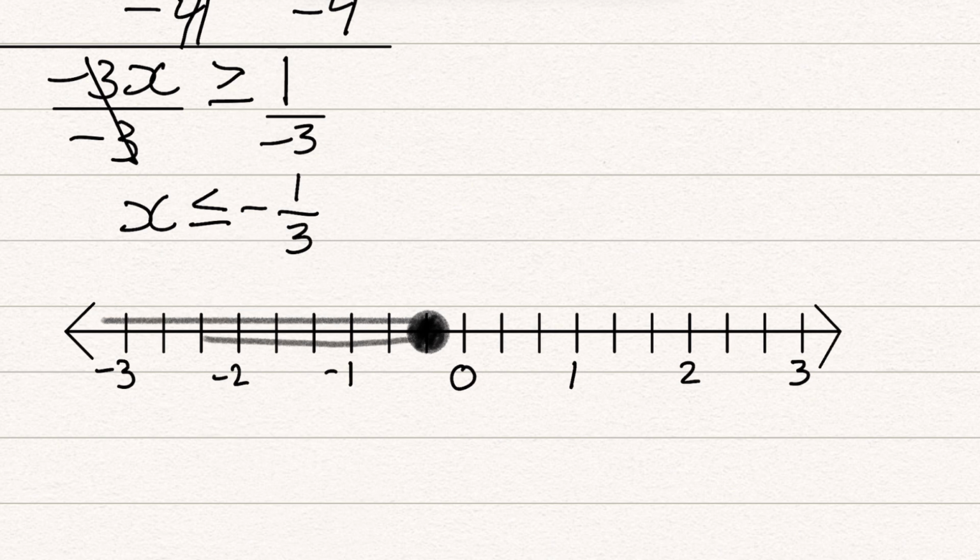Just take your ruler and draw a line that's very clearly thicker than the original number line, with an arrow. Everything in this direction of our number line, we fill that in. You want a good solid line. My preference is that it be put over top of your original number line.